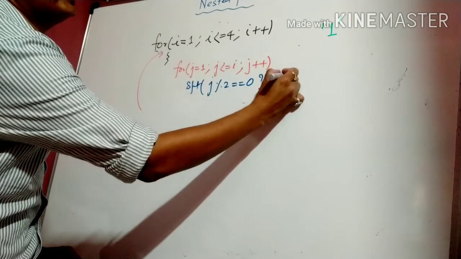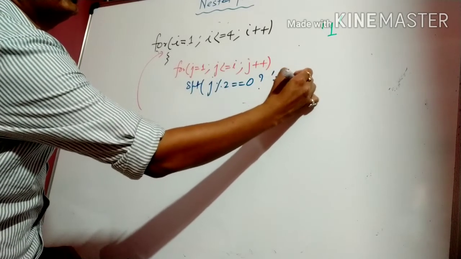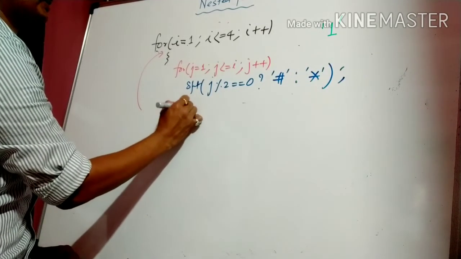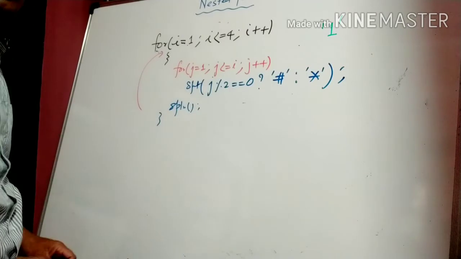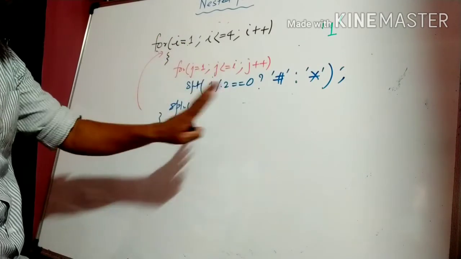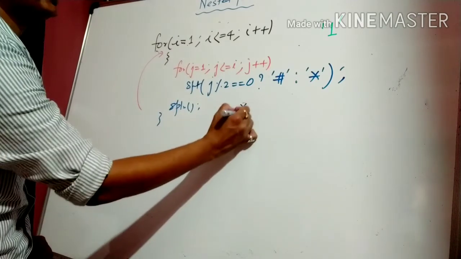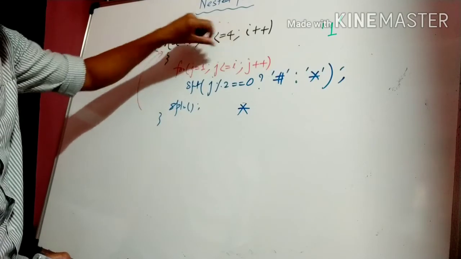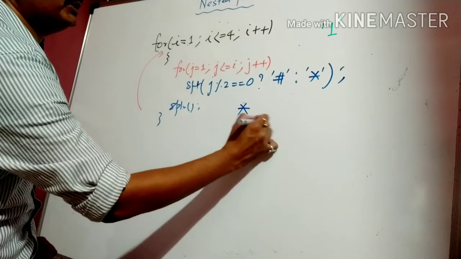Here is a hash, colon, here is the star. This is println. So this is 1. 1 se leke 1, 1 means condition always false. It will start with star. Line change. This is 2. 1 se leke 2, 1, 2. 1 is false, 2 is true.